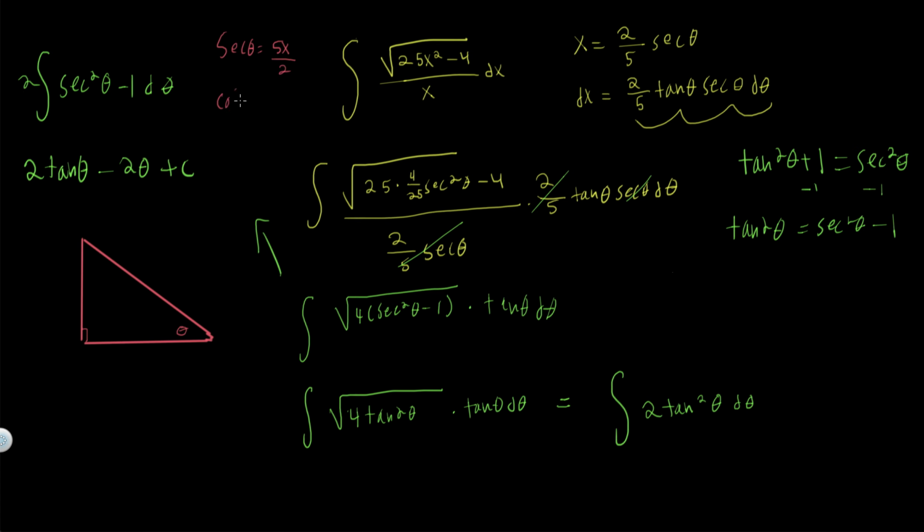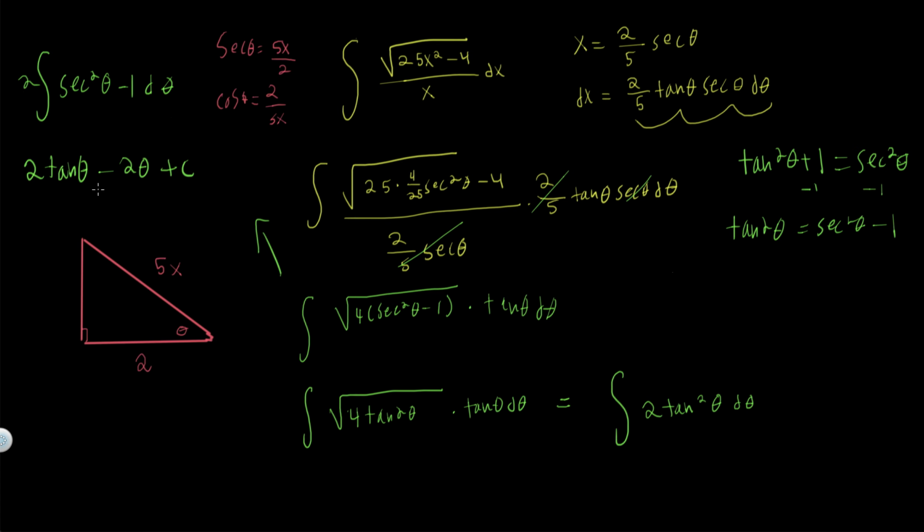So therefore the cosine of theta has to be 2 over 5x, right? Because secant theta is equal to 1 over cosine theta. And for that reason, cosine of theta has to be 2 over 5x. Therefore, this has to be 2, and this has to be 5x. Right? If we take the cosine of this angle, or if we take the secant, we get these expressions. So that's good.